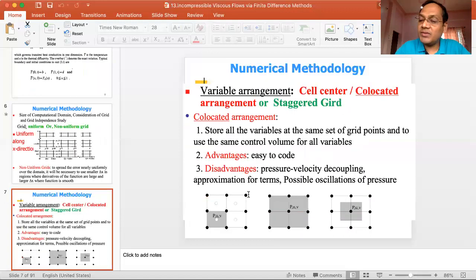Now, once you have the grid, the next question is, how do you arrange the variable? There are two ways to arrange the variable. One is cell center or collocated, the other is staggered grid. What is collocated? Collocated means cell center. Here you have only the x-axis, 0 to 1, but there are some problems where you have a domain in the xy plane.